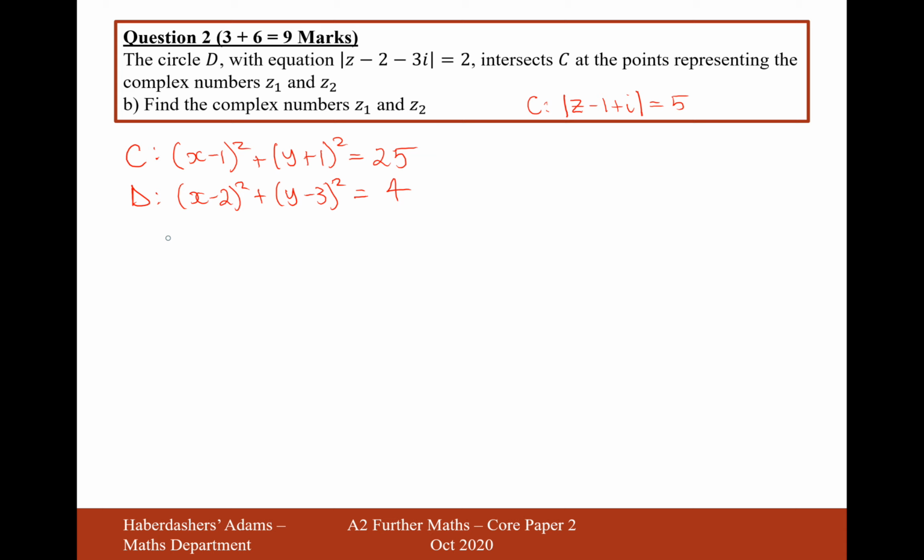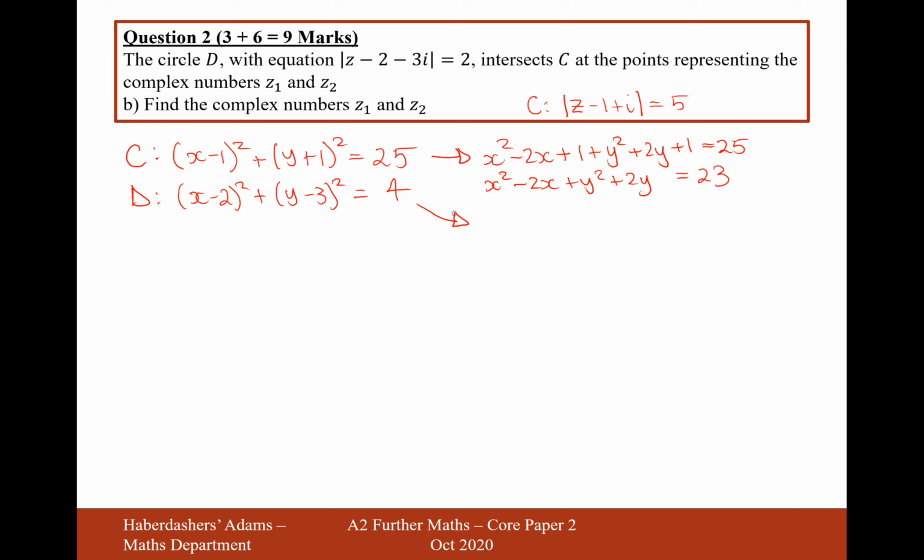So if we expand the brackets on C, it's going to be x squared minus 2x plus 1 plus y squared plus 2y plus 1 equals 25. So we could probably tidy this up to x squared minus 2x plus y squared plus 2y equals 23.